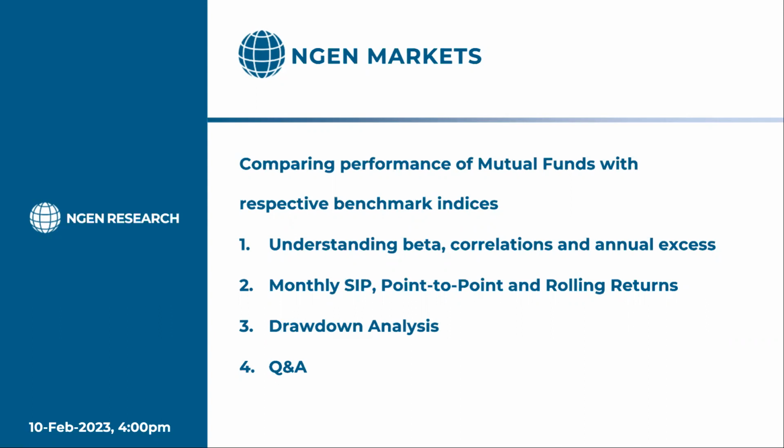We'll also see how we can run a monthly SIP analysis, point-to-point analysis, and rolling returns. Specifically in monthly SIP, we will see how a specific fund-related SIP compares with a specific underlying stock, and also with respect to the entire benchmark taken together.